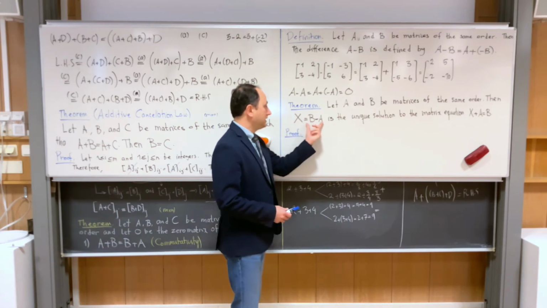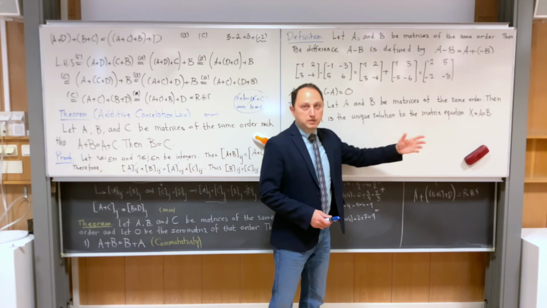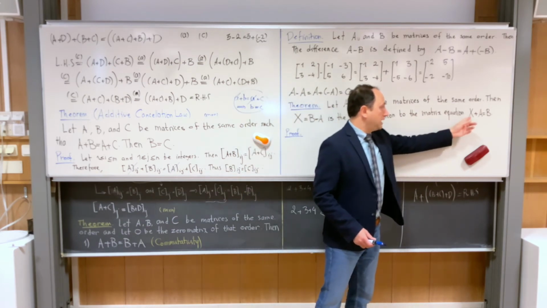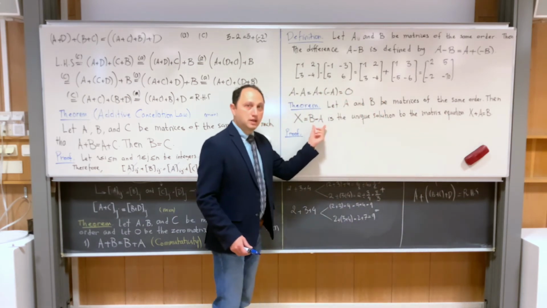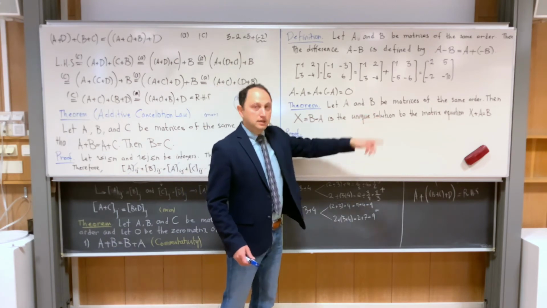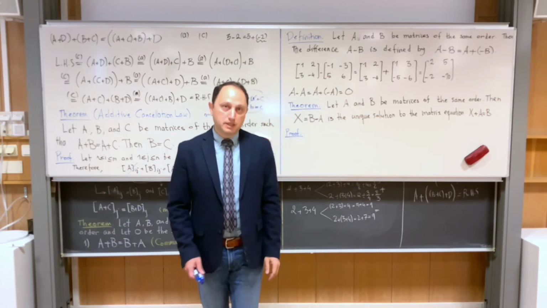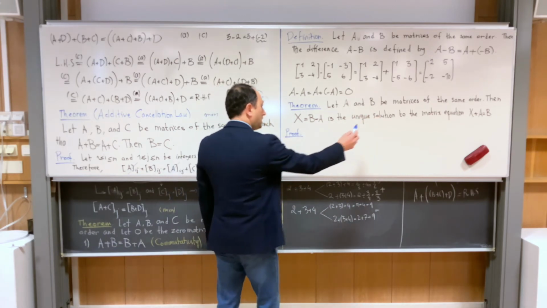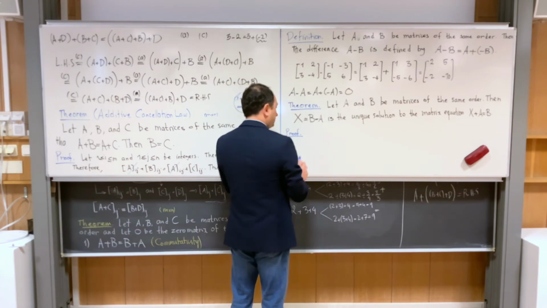If I want to show that this is indeed a solution, what do I need to do? I need to replace X with this proposed matrix, and to show that this equality becomes a true equality. Yes, so I will start from the left hand side.